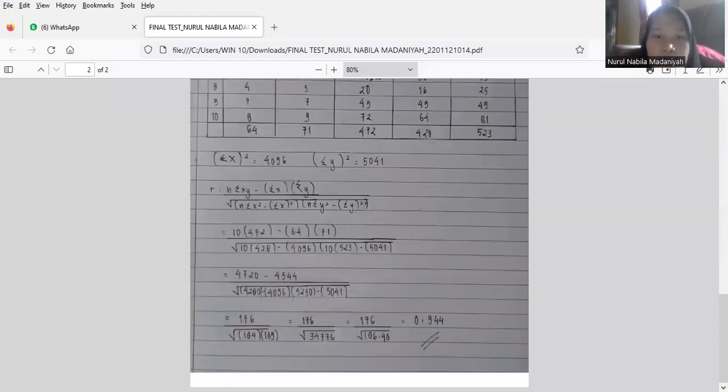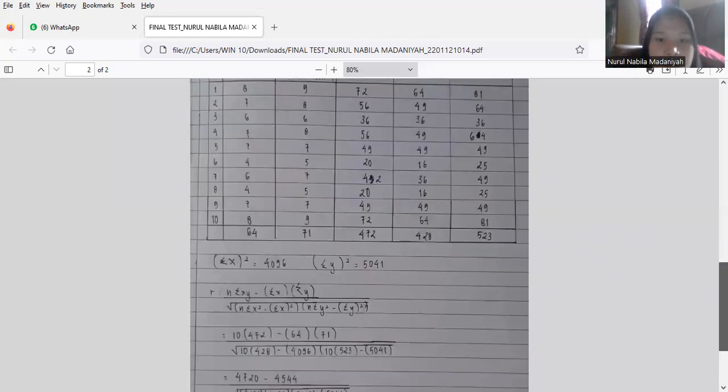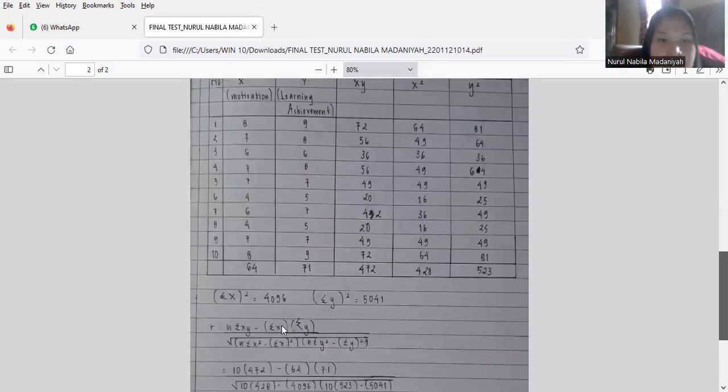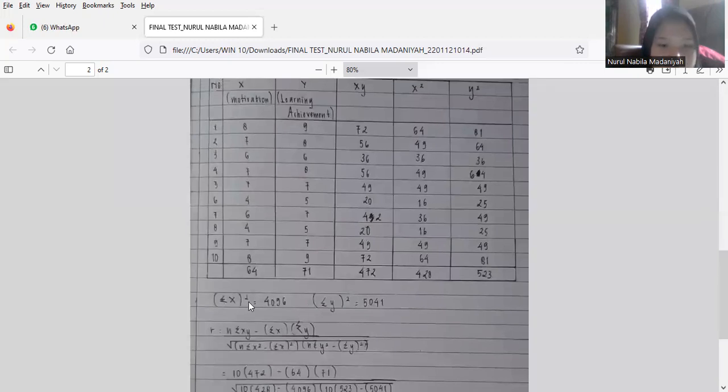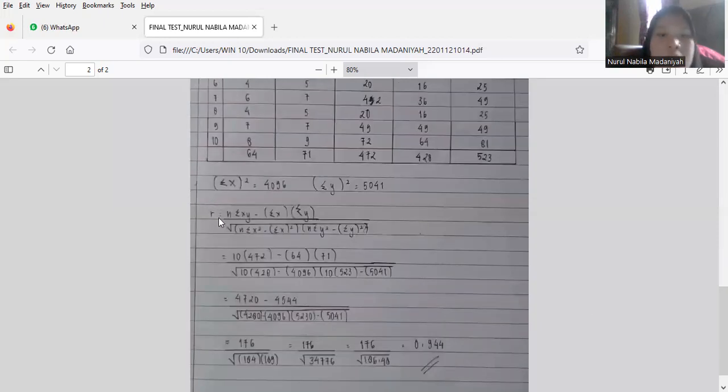And next we move to the formula. So we have sigma x quadrat equal 4096, and sigma y quadrat we have 541. And then we move to formula 2.